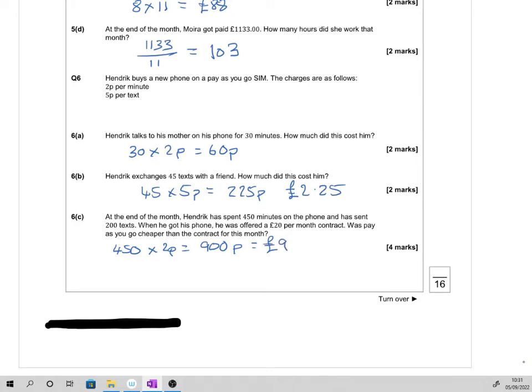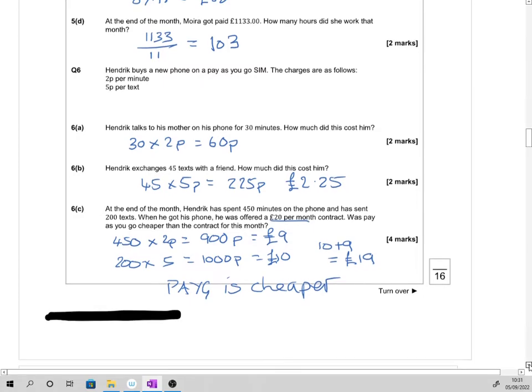And the texts, 200 times 5, which equals 1000p, which equals £10. So 10 plus 9 equals £19. Pay as you go is cheaper. Well, it was for that month anyway.